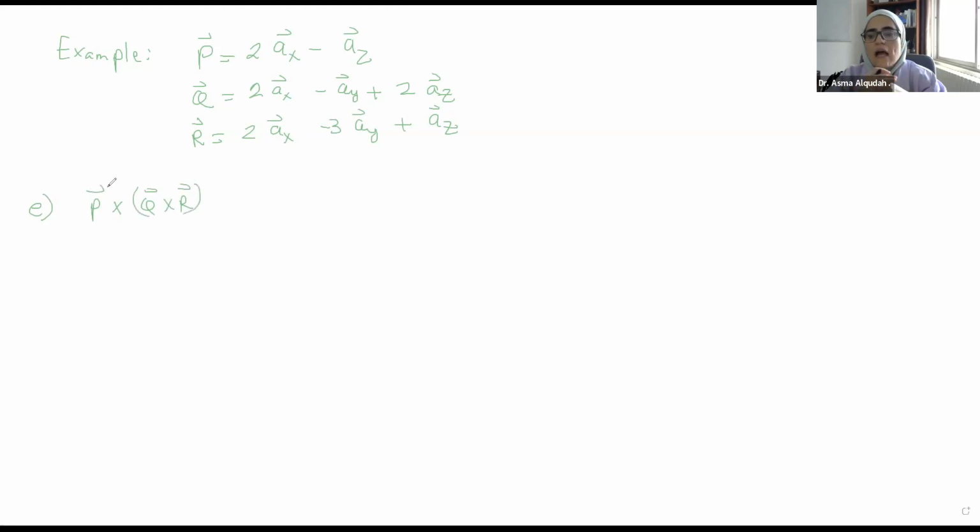Yes. So we need to find the vector triple product by using the back minus cab rule. Let's say this is A, B, C. We have cab minus. So sorry, we have back minus cab.